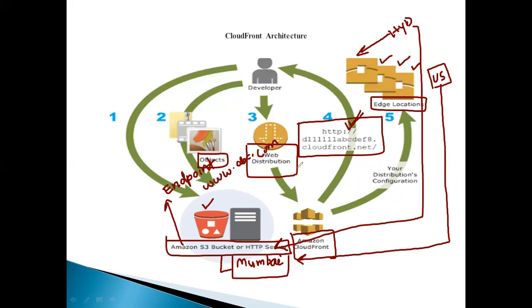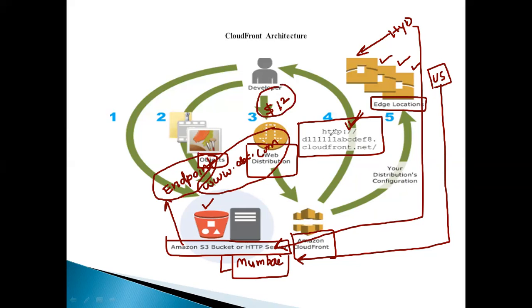So what are the differences? The endpoint is free to use, and you can access your website. For your own domain name, you have to pay around $12. Obviously, you have to purchase it from GoDaddy or from AWS, whether .com, .org, .uk, .in, etc. So as per your domain name, you have to pay.